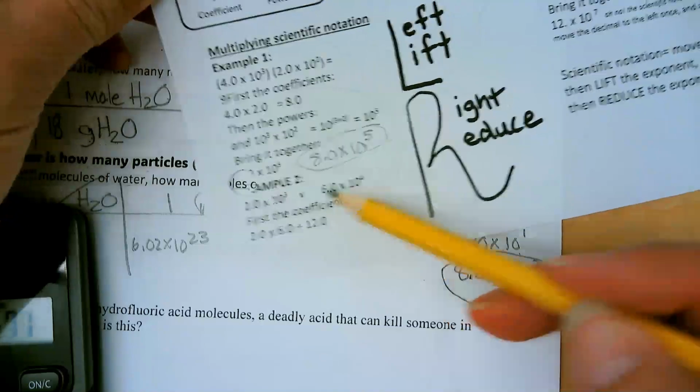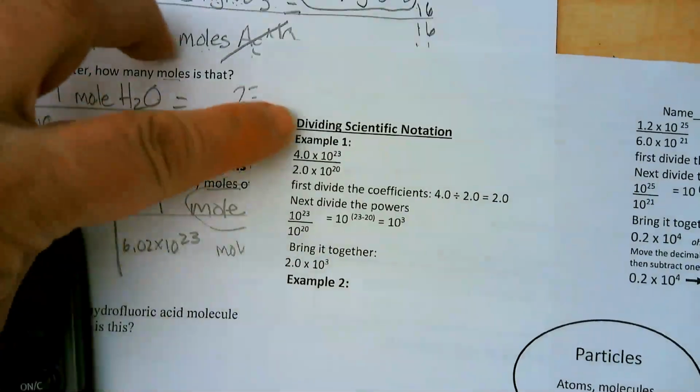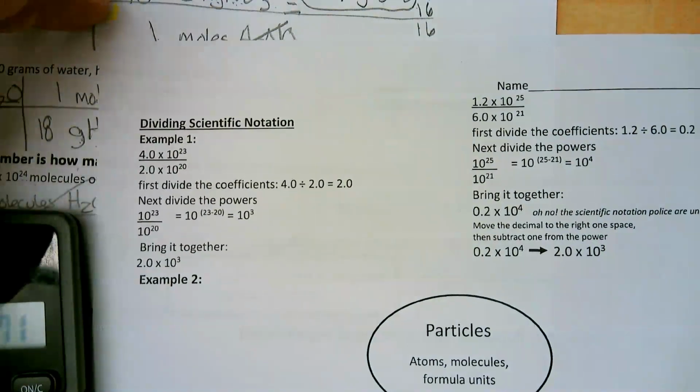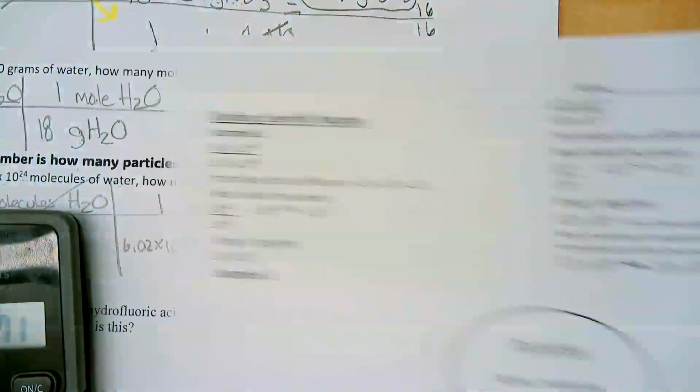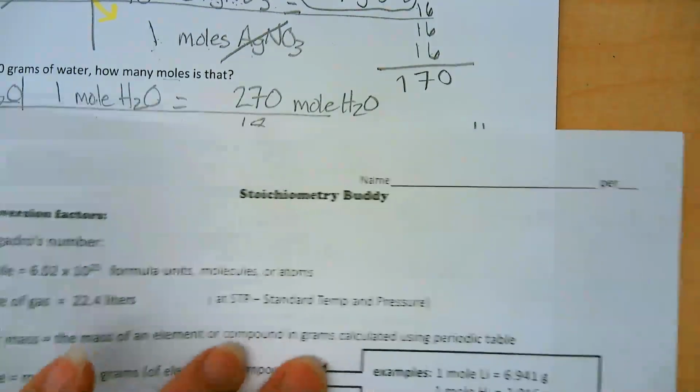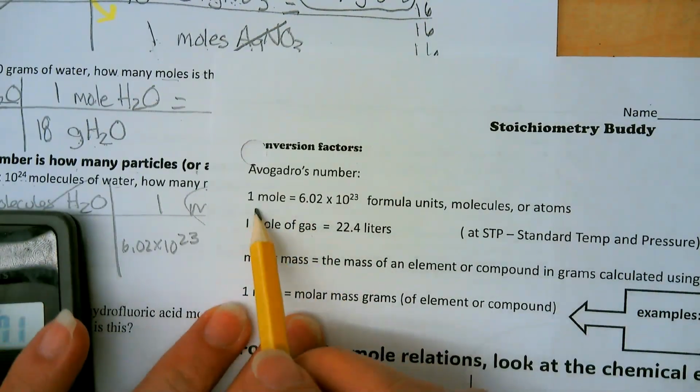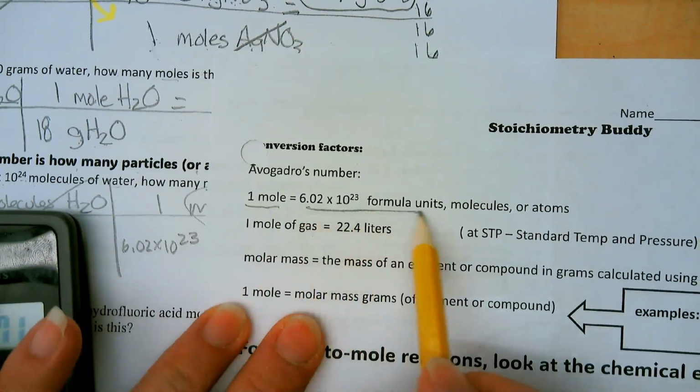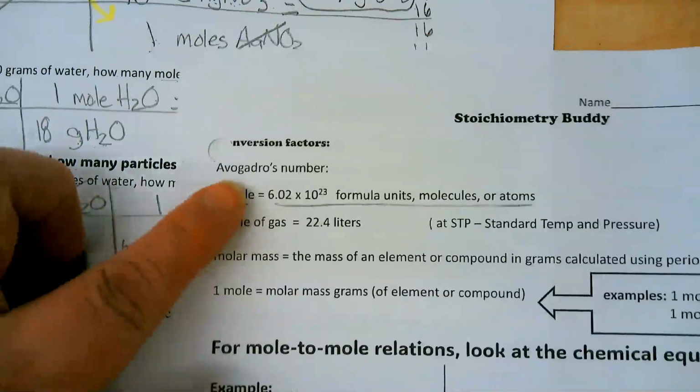And then there's another example and more. And then on the back, there are examples on how to divide scientific notation. So that gives you all of that. So don't forget, your Stoich Buddy can be used on the test. And not only that, but on your Stoich Buddy, I wrote 1 mole equals this. And I did it just as an equals.